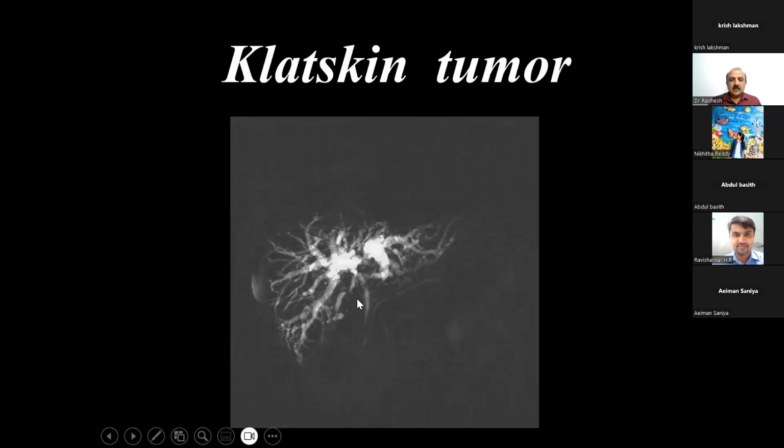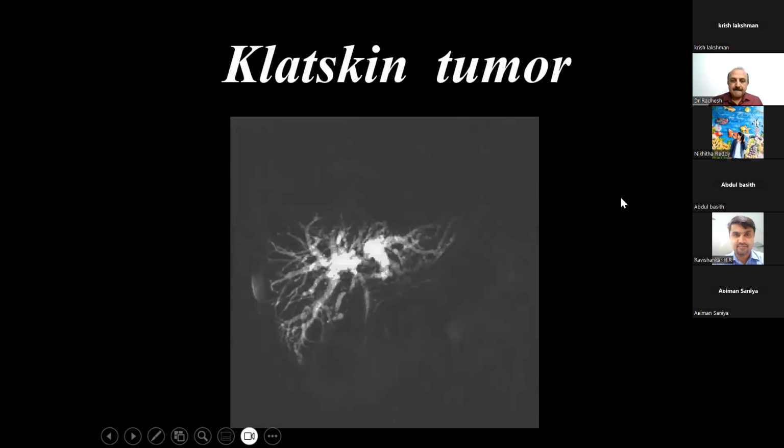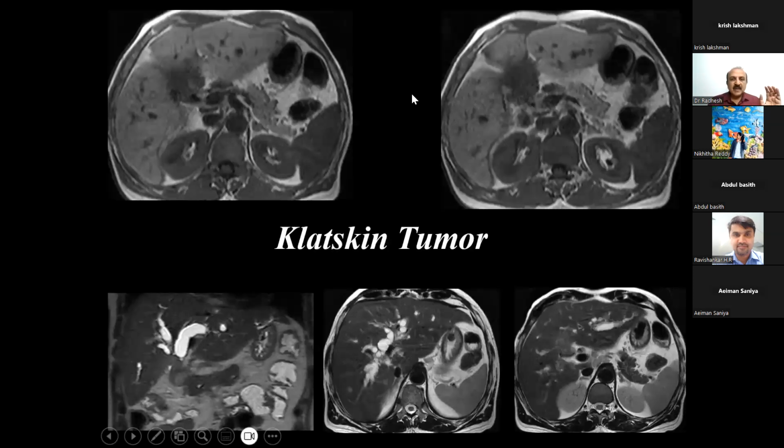and then just for completion's sake, you can look at this image. Radesh, does the MRCP also give you infiltration of the liver parenchyma with this? On this image, no. On just an MRCP image, no. But when you look at this, you can easily pick up which segment of the liver is involved.